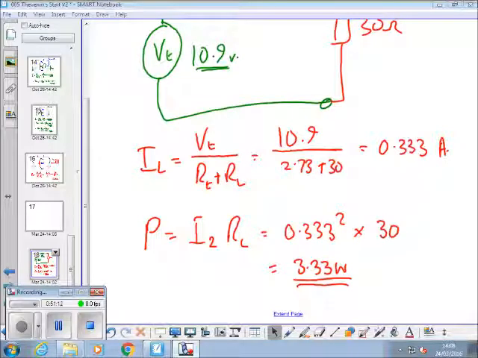Yeah, 0.341. 3.4 watts. I'd suggest there's probably a little less rounding carried out in this process, because if you think about it, in a superposition you've calculated separate currents for each source that you've probably rounded a little bit. So you've done a lot more rounding in a superposition method than you have in this.